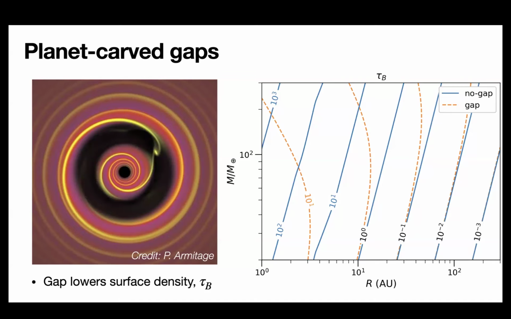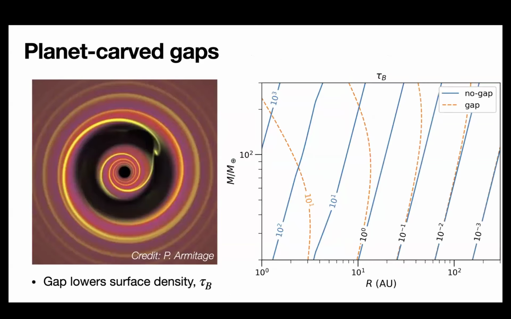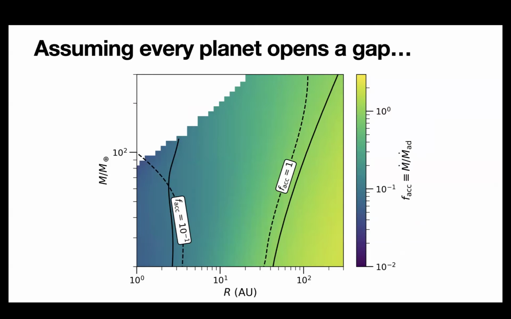So what we've done is repeat the analysis that I just showed. We've included some parameterization of these planet-carved gaps. So assuming every planet opens a gap at this particular gap depth on the right, we find similar results for the outer disk. Things are still optically thin. Even if you open a gap, you're just changing things from optically thin to optically thin.